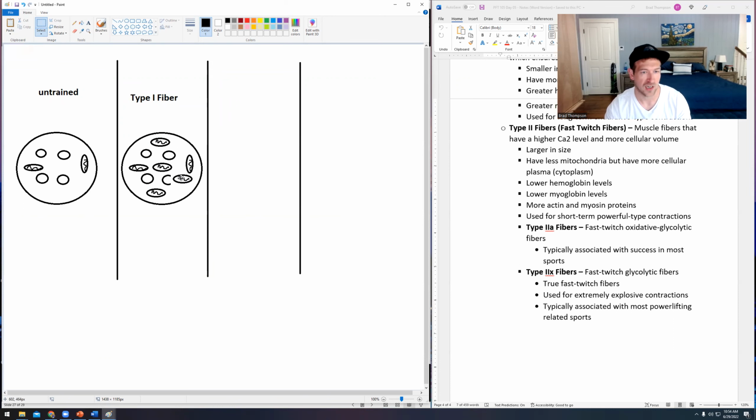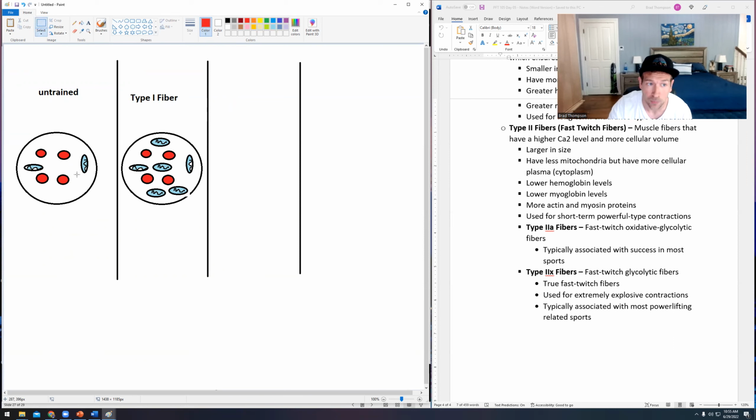Let's fill this in. So there's our myofibrils, and then there's our mitochondria. Now we've got our myofibrils and our mitochondria. So that's a type 1 muscle fiber. We have more mitochondria in there.